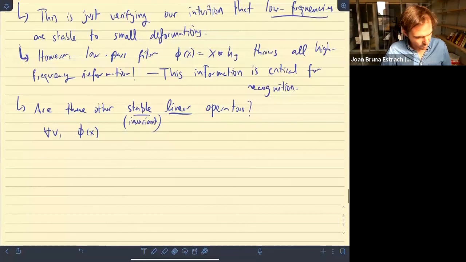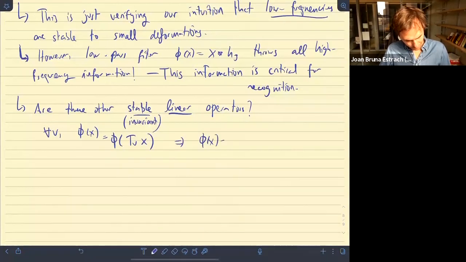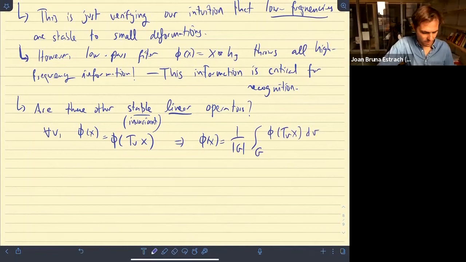So if something is translation invariant, it means that phi of v is equal to phi of the translation of v. It means that phi of x is also equal to the average over the group. Here I'm being very sloppy, but I guess you get the idea: I can integrate over the group, just because this thing doesn't change.